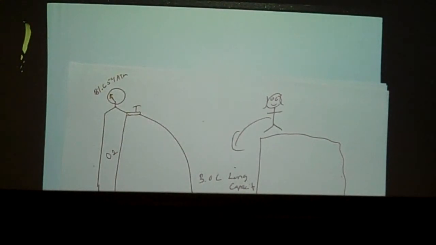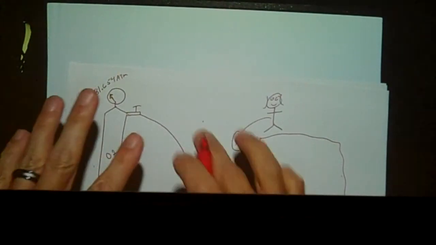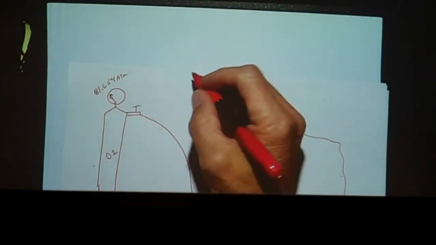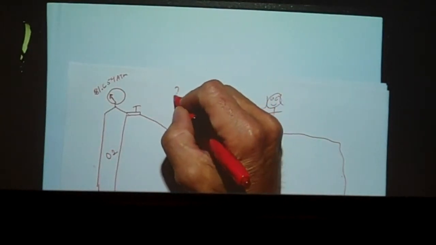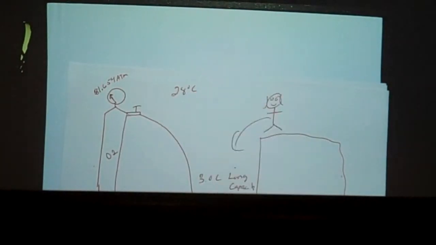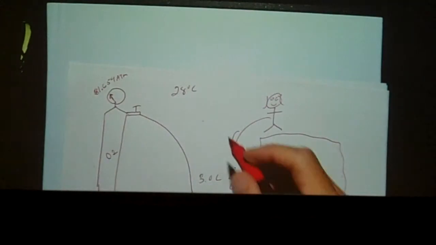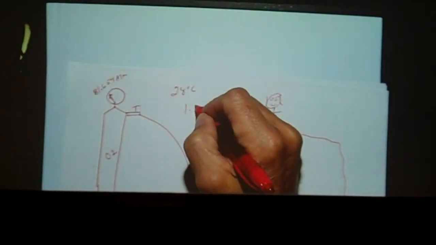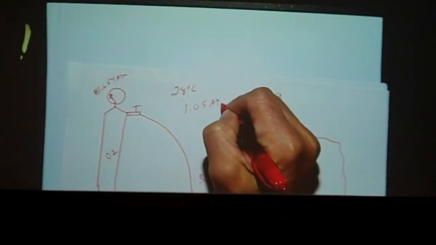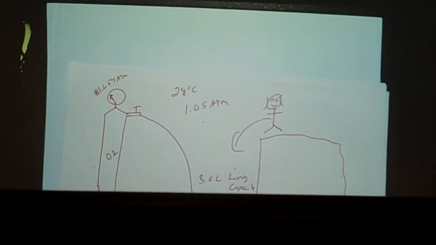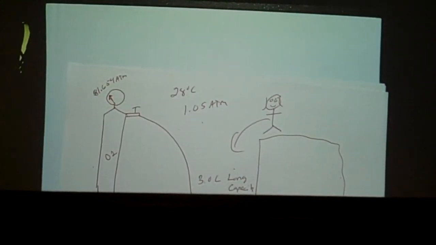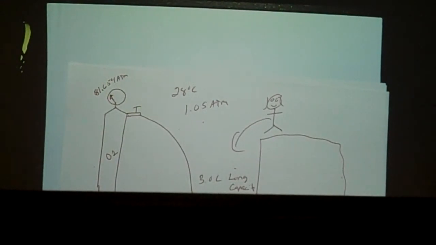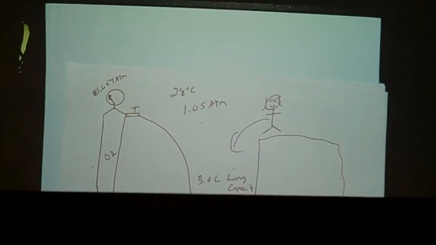Is that clear? Yes. Now, outside in this area, the temperature on the wall says it is 28. Now, I want you to help me save her. How are we going to do this experiment?